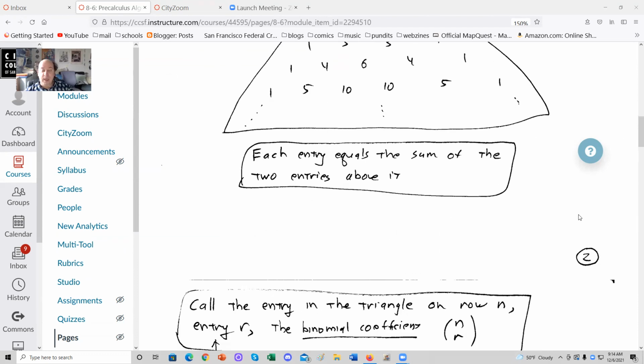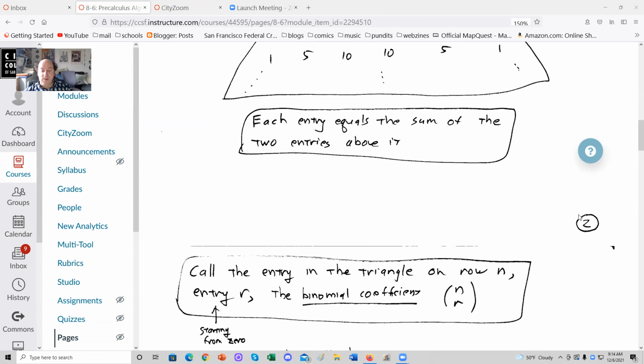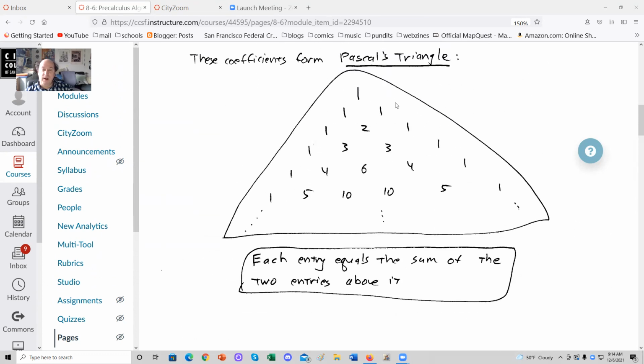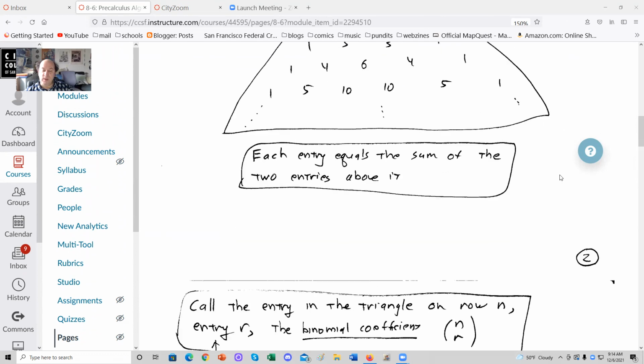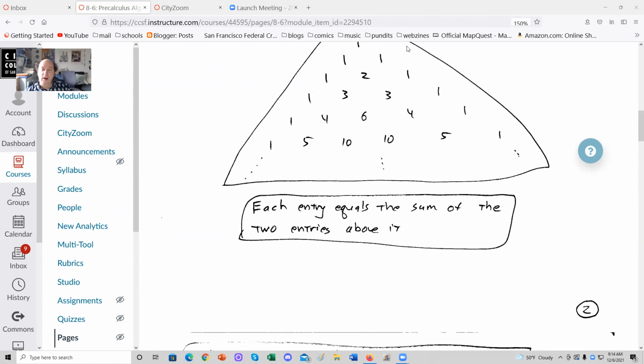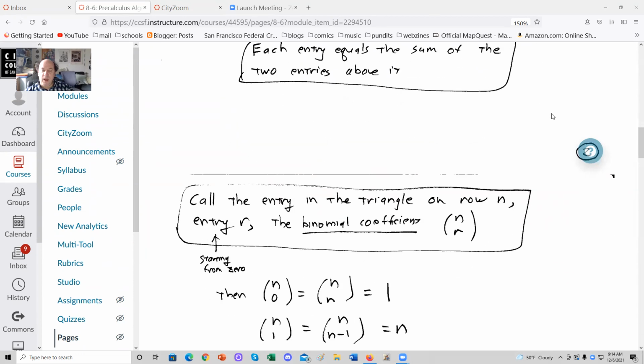So let the entry on row n, starting from row 0, then 1, 2, 3, 4, 5, and so on, and entry r, 0, 1, 2, 3, 4, 5, and so on, be called the binomial coefficient n r. This is one notation for it.